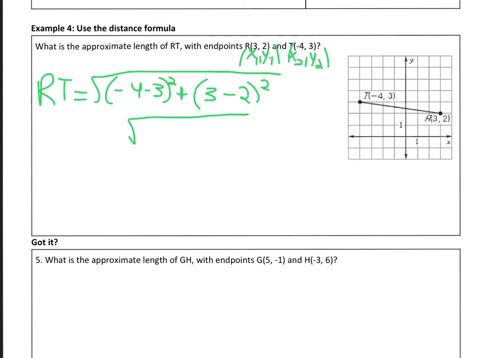So inside the parentheses is what I'm going to simplify first. -4 minus 3 is -7, and it's important I keep that in parentheses. 3 minus 2 is 1. That is also important to keep in parentheses. Further breaking it down, (-7) squared is -7 times -7, which is 49. 1 squared is 1, so 49 plus 1. I get the square root of 50.